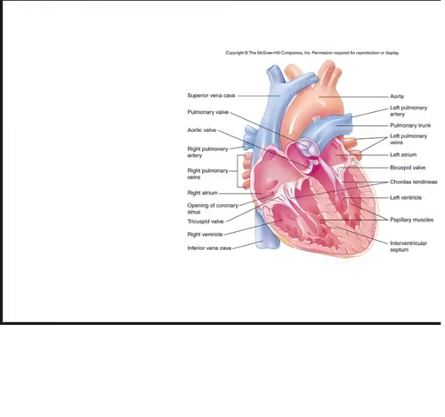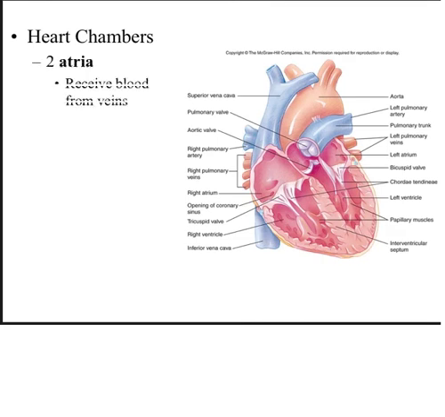So let's look at the heart chambers. There are 4 total heart chambers. The 2 atria are the topmost chambers, and they receive blood from veins, and the 2 ventricles are the lowermost chambers, and they pump blood to the arteries. The ventricles are sometimes known as the discharging chambers because they are the ones that actually send blood out of the heart, out of the blood pump.